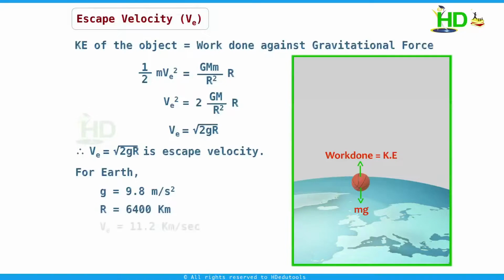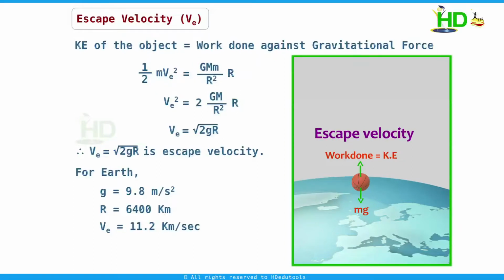Therefore, the escape velocity is 11.2 kilometer per second. That means if you can throw an object with a velocity of 11.2 kilometer per second, it never returns to Earth. This velocity, the minimum velocity to escape from Earth's gravitational pull, is called escape velocity.